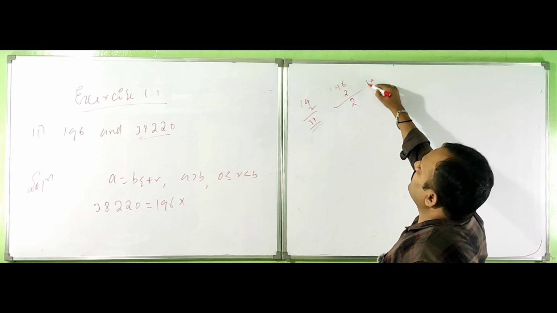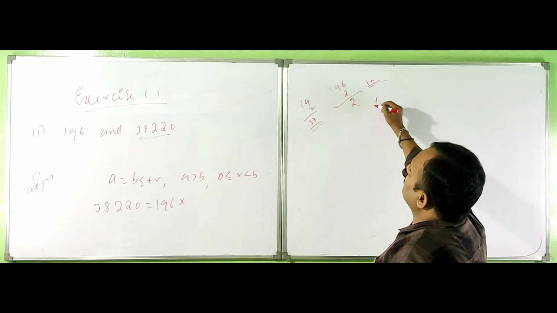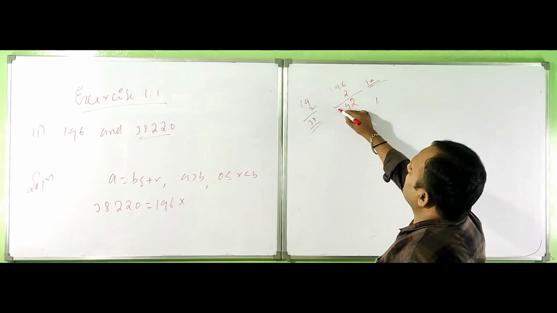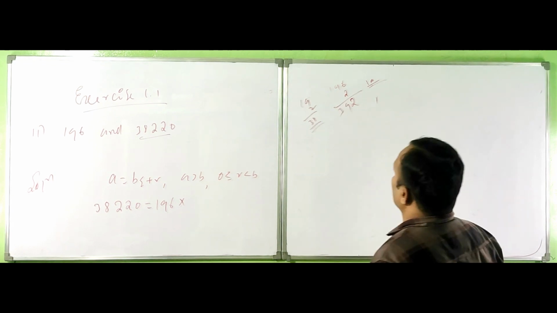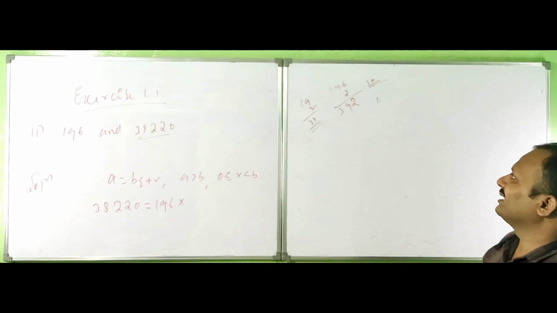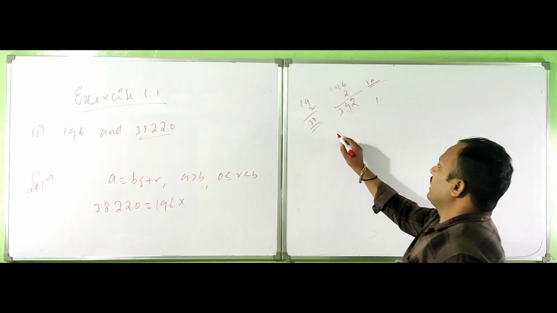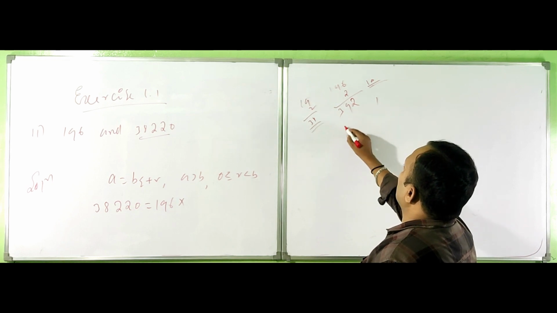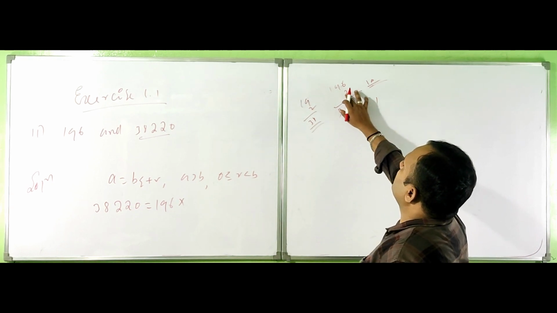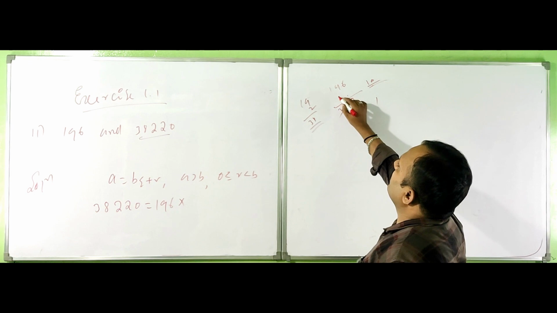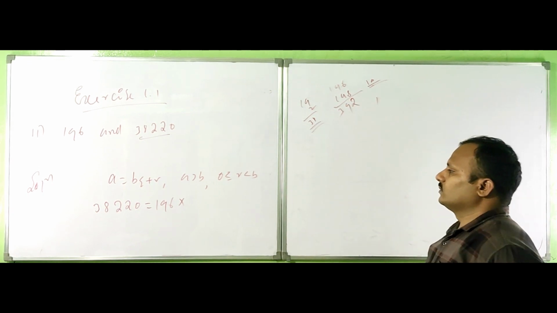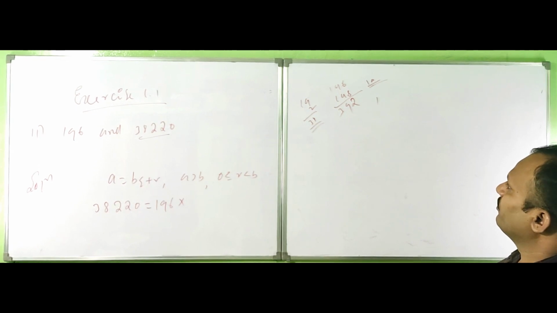Means I multiply by 100 afterwards. 3 nines, so 39. So I have to multiply by 198. Oh, this is giving a bigger value.